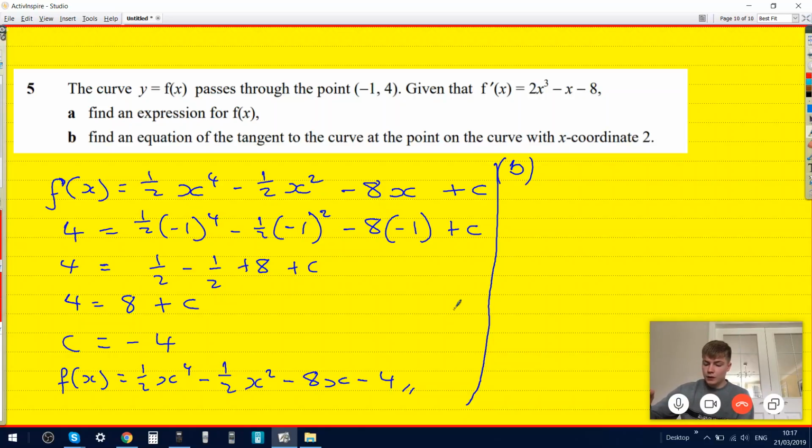Isn't it? That's the normal. Right. So what do you know about gradient of a tangent? Is it going to be 0? That's a stationary point. Alright. Tangent. Well, about gradient and tangent. It's parallel. It's the same gradient. Alright. Even if it was perpendicular.